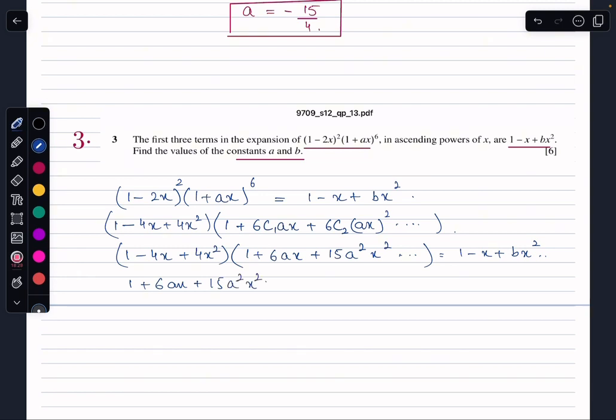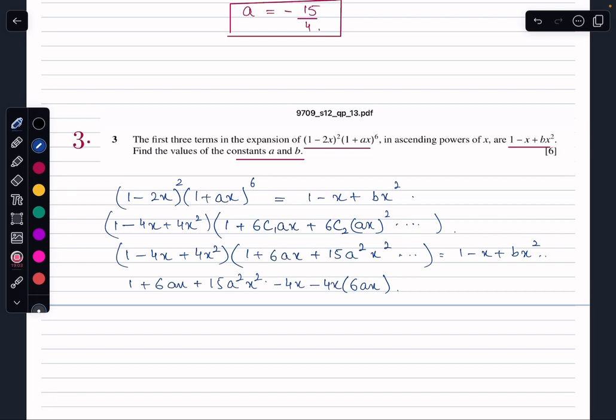I've multiplied this bracket here with 1, giving me a 1 times 1, that is a 1, 1 times 6ax, which is a 6ax, 1 times 15a square x square, which is a 15a square x square. Then I should be multiplying negative 4x with a 1. So negative 4x with a 1, that should give me a negative 4x plus or minus 4x with 6ax.